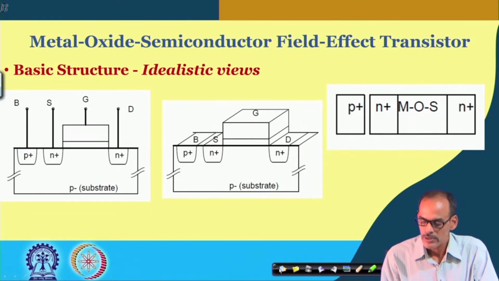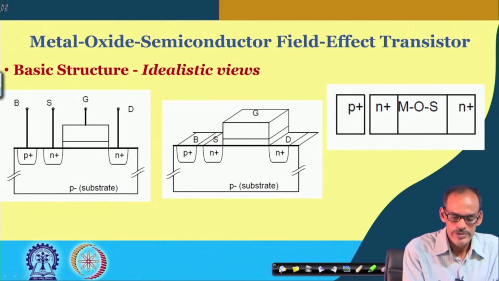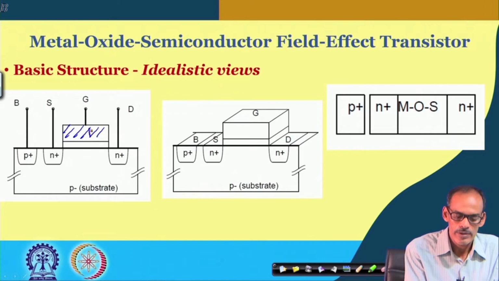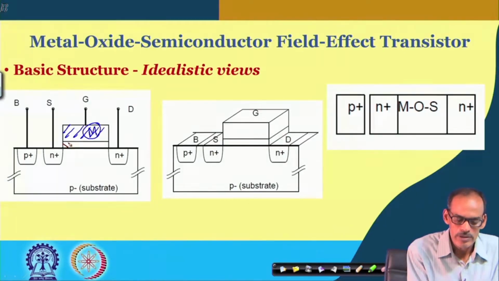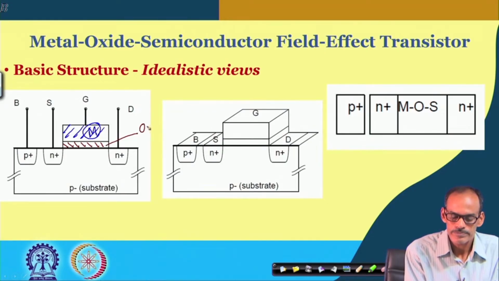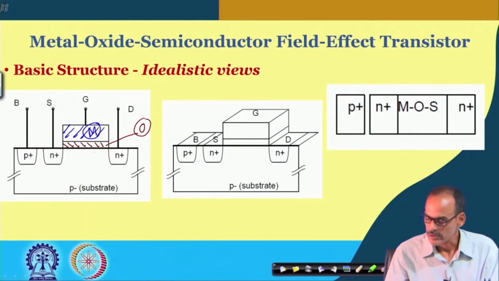as I said, it is having the metal oxide semiconductor. So, this portion is the cross section of the metal, and then the middle thin portion is the oxide, silicon dioxide. So, you can say this is oxide, and then this portion is semiconductor.